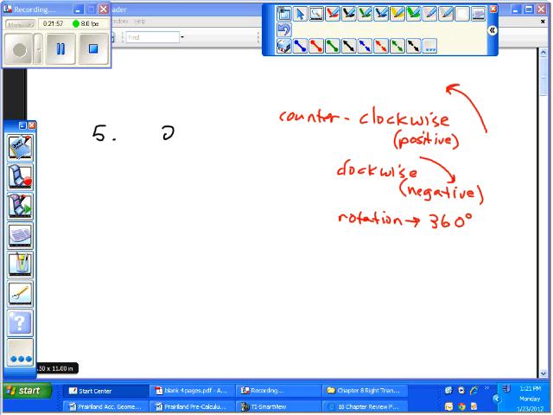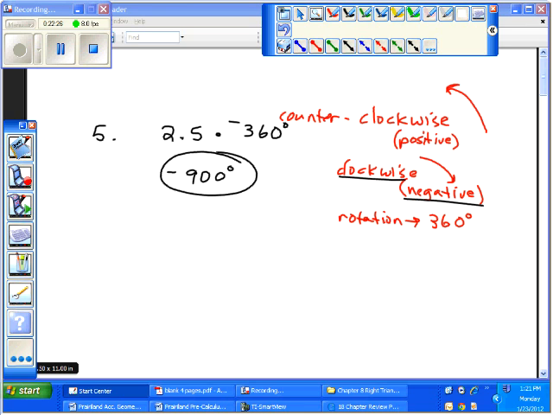What does it mean you're going to do? 2.5 times 360, but it said clockwise, and clockwise is negative, so we multiply by negative 360. We're going 2.5 rotations in a clockwise direction, so negative 360 times 2.5 is negative 900 degrees. Any questions on that?